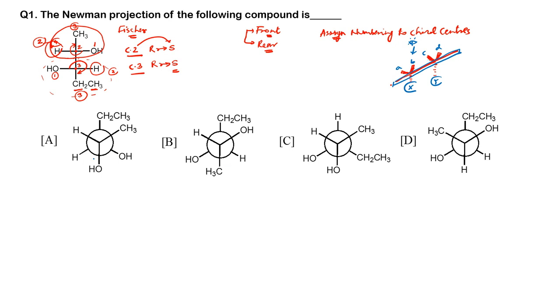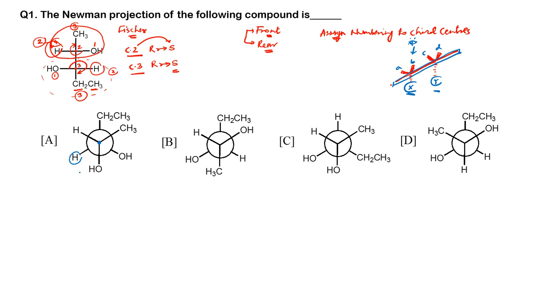For that reason, we need to put the X and Y groups like this. Either of the groups should be eclipsed so that we can see this molecule from the top. For that reason, as this front carbon is already placed in the required condition, with the OH downwards and the CH3 and H appropriately placed.